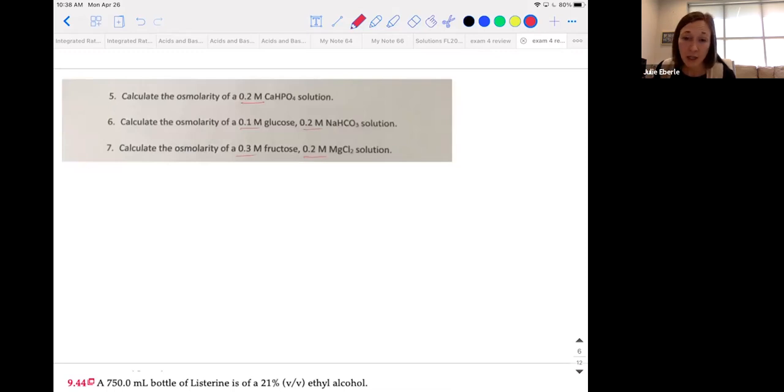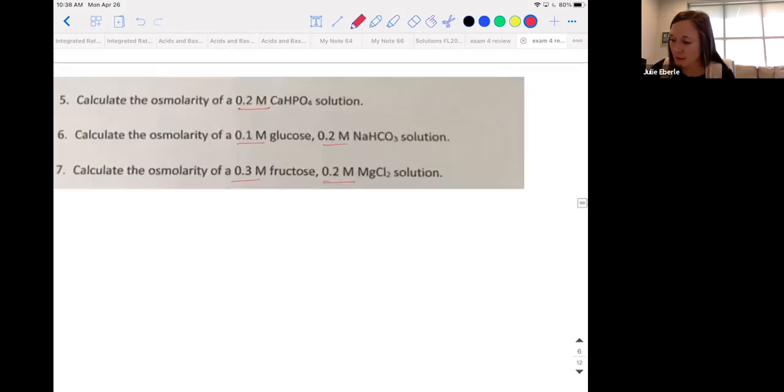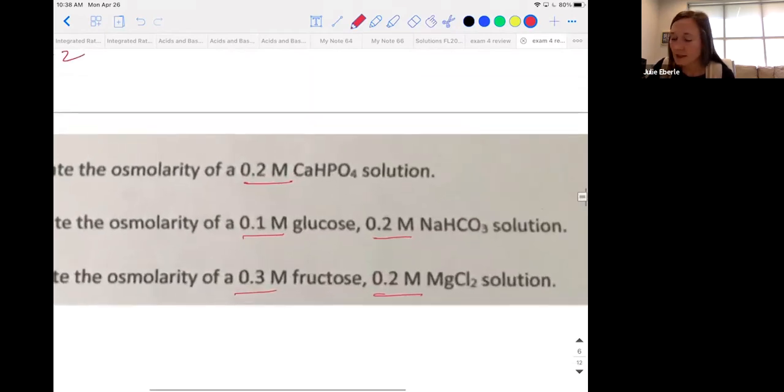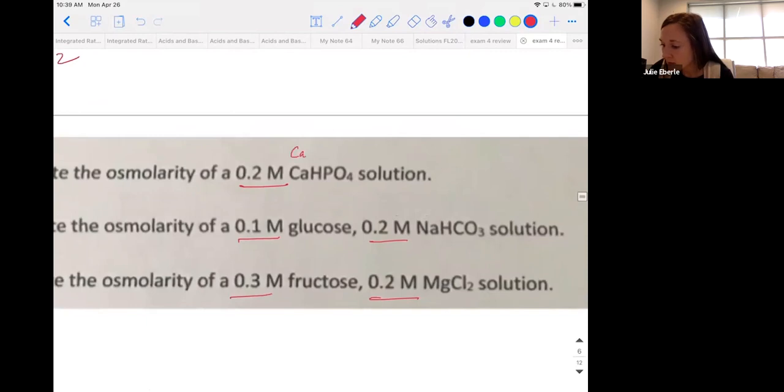So for each compound, you look at how many ions or particles it would dissolve into, and then you just multiply your molarity by that number. So let's zoom in on the first one. Calcium hydrogen phosphate, CaHPO4. Calcium is a cation with a 2 plus. HPO4 is a 2 minus. If you look at your polyatomic ion chart, it's on there. So no magic here.